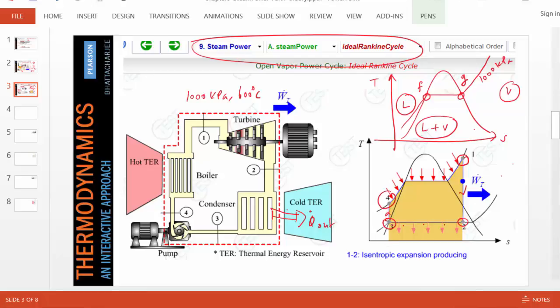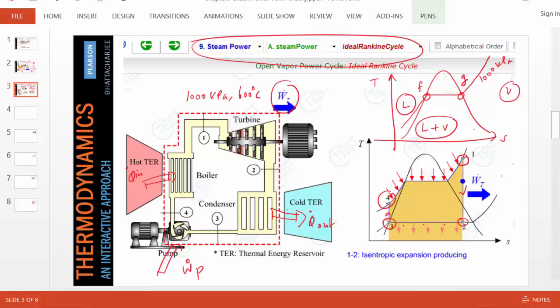So from 3 to 4 we are adding pump work. Of course, a little part of the turbine work is fed back to the pump, and the rest of the net work is producing the electricity. From 4 to 1 in the boiler, we are adding heat, Q dot in, and as you can see, it's a constant pressure line.